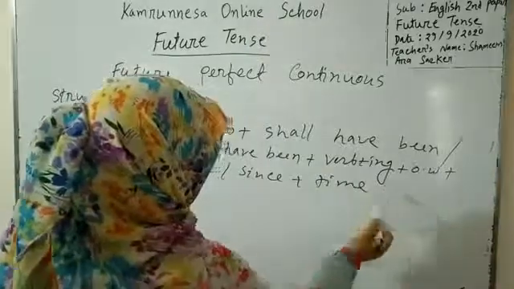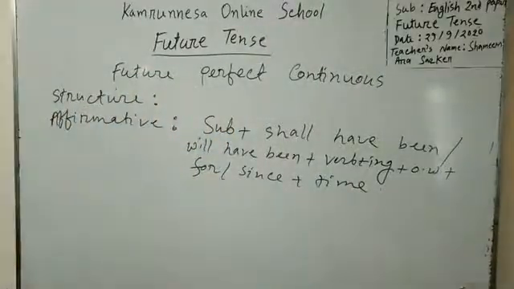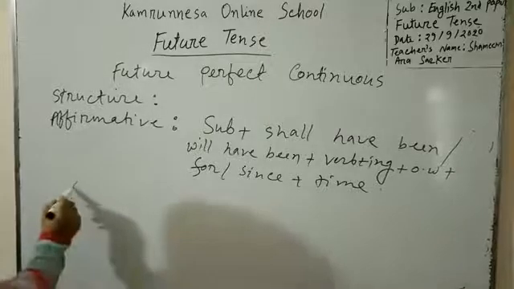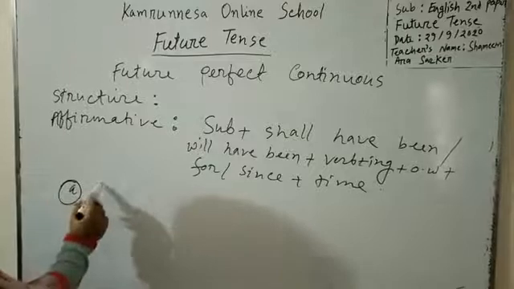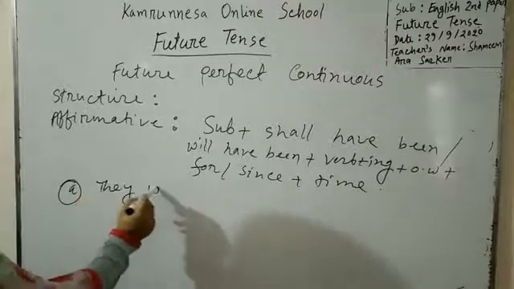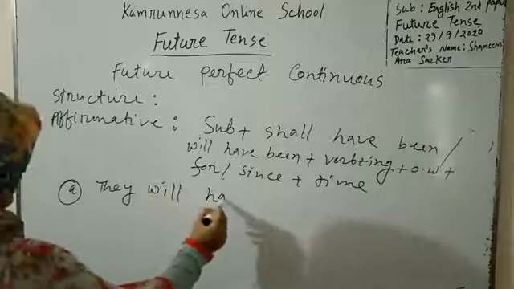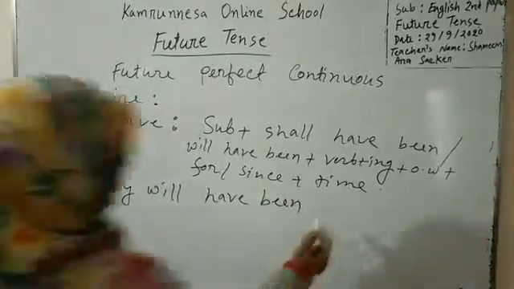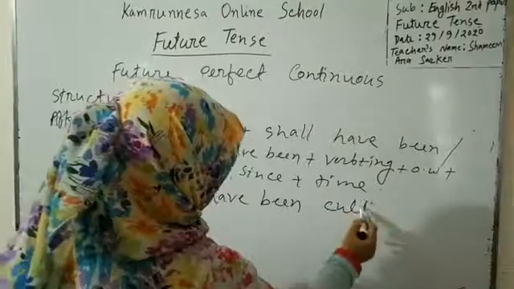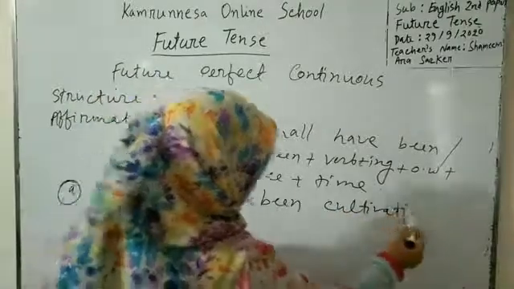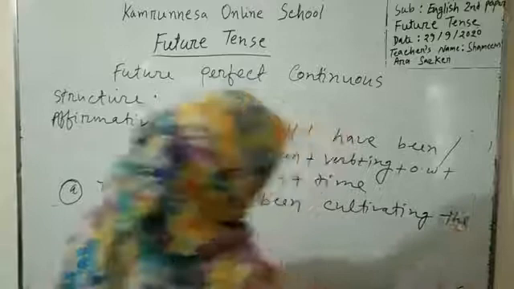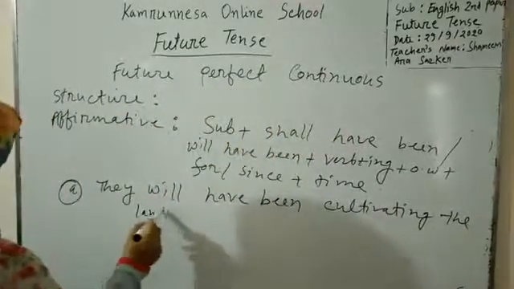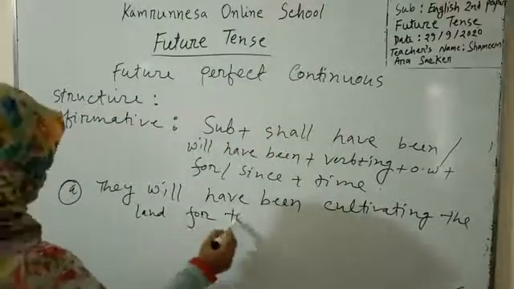There can be another clause too if there is no for and time or since and time. Look, I'm giving an example. They will have been cultivating the land for 2 hours.